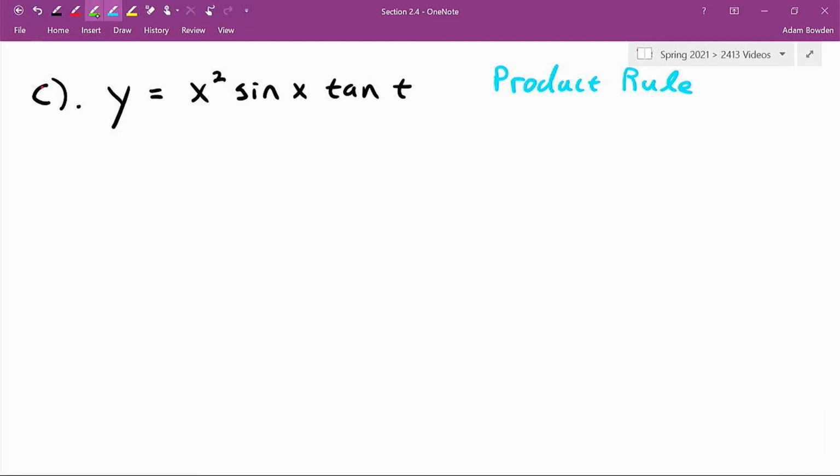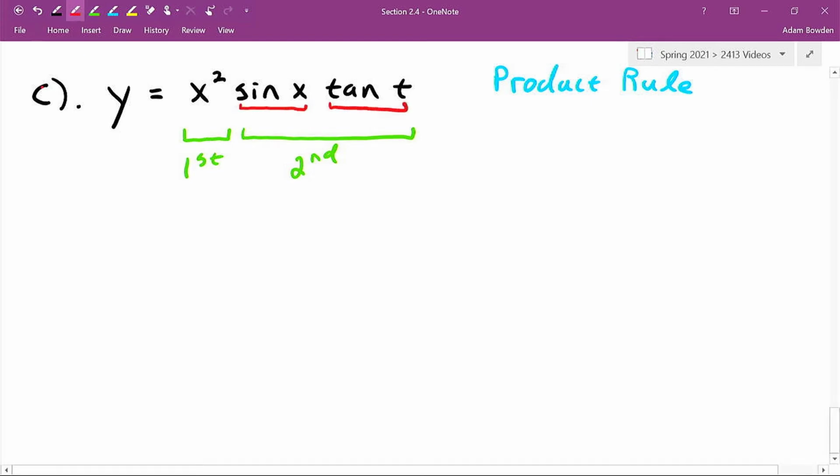However, we have two different product rules to apply, because we have the first term, which is x squared, but then we have to consider the second for the product rule to be the sine x tangent x altogether. But then sine x tangent x is its own product rule situation that we're going to have to apply with its own first and its own second terms.